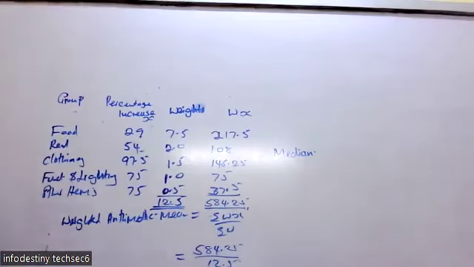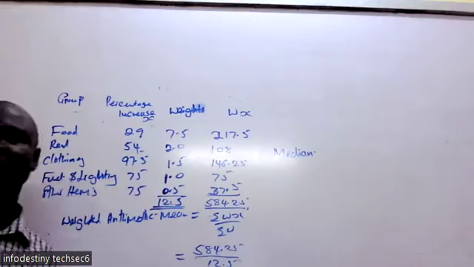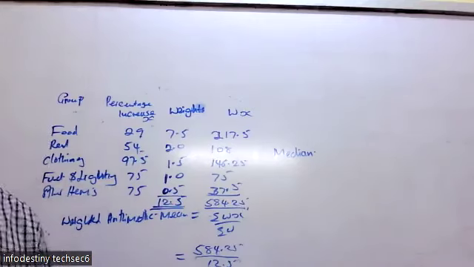Median is the value of the middle item of a series when these items are arranged in ascending or descending order.